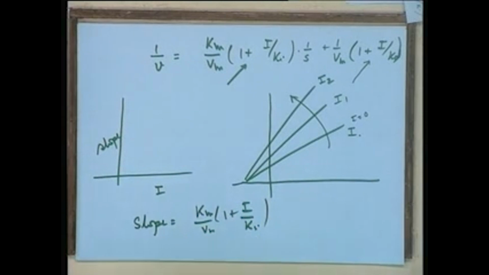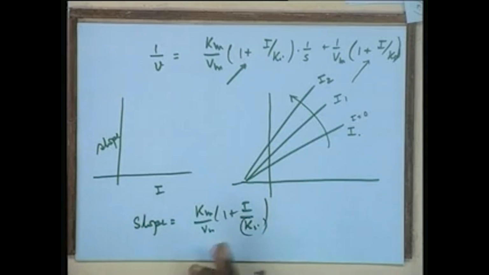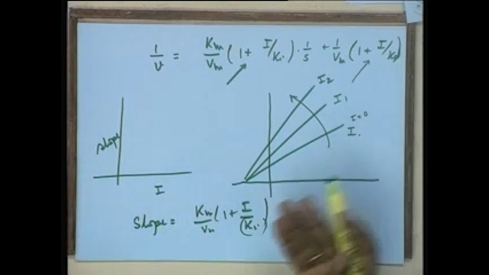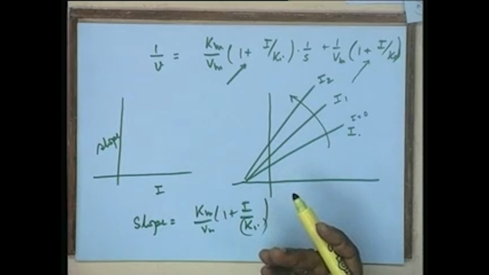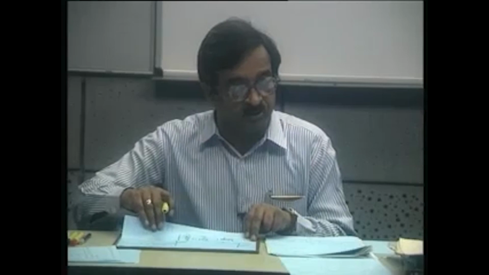Therefore, one can determine the magnitude of Ki either by plotting the slope versus the inhibitor concentration or by intercept. Either way, that can give you the magnitude of the inhibition constant.